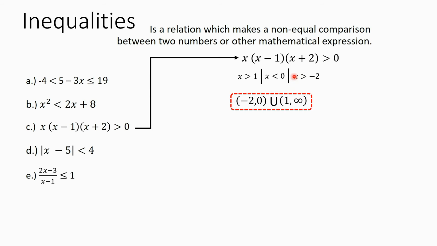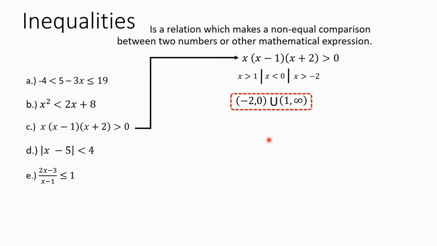So x is greater than negative 2. So you can write your answer like this. It's still the same. If there are choices like this, you know how to analyze those choices.